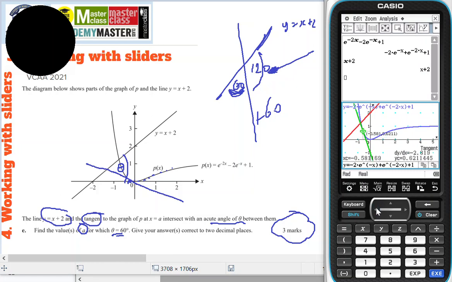But I can see what's actually happening as I attach my tangent along the blue curve, that the angle between the red and the green is changing. And if I investigate all the way over to this other side, I'm not going to be picking up any more answers, because this angle between the green and the red is certainly less than 60.